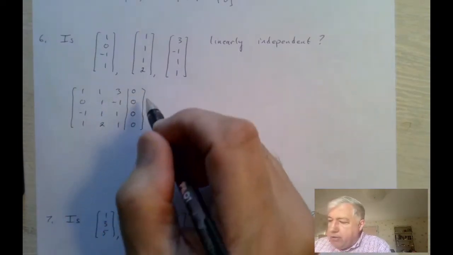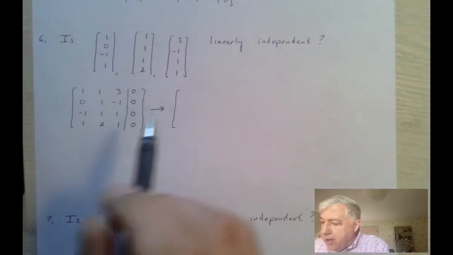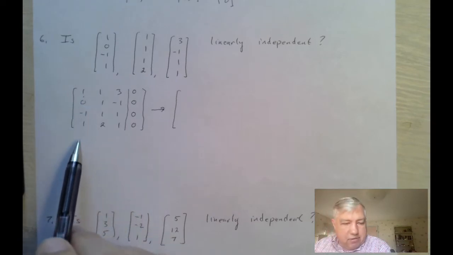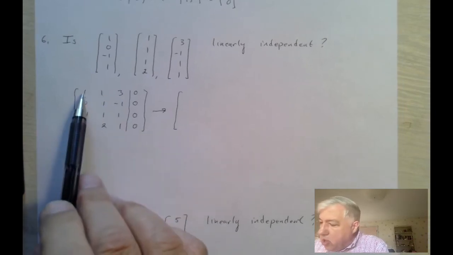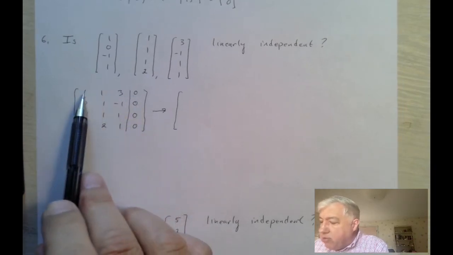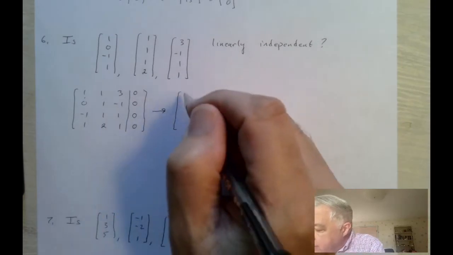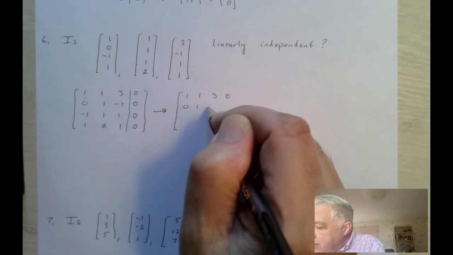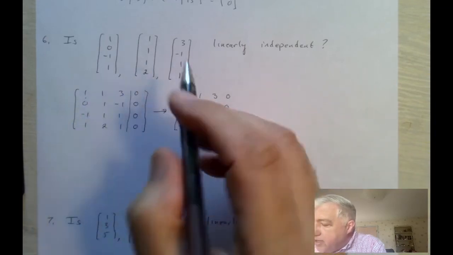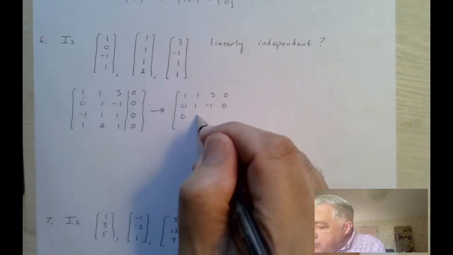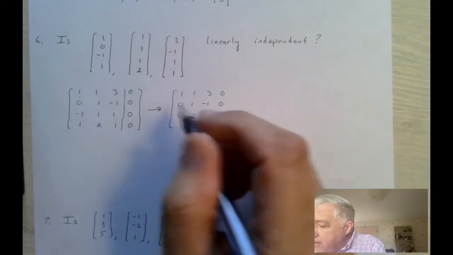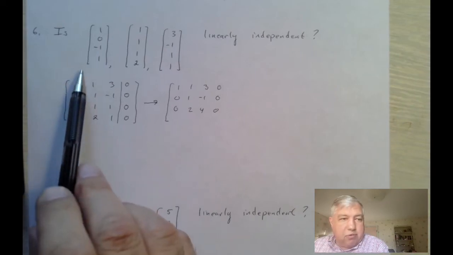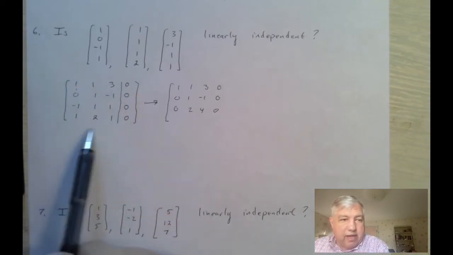So we do our elementary row operations, and fortunately we already have a 1 up here and a 0 here. We want to make these two 0, so we'll take the first row and add it to the third row. So we get 1, 1, 3, 0; 0, 1, negative 1, 0; 1 plus negative 1 is 0, 1 plus 1 is 2, 3 plus 1 is 4, and 0 plus 0 is 0. Then we want to get rid of this 1, so we'll multiply the first row by negative 1 and add to this one.